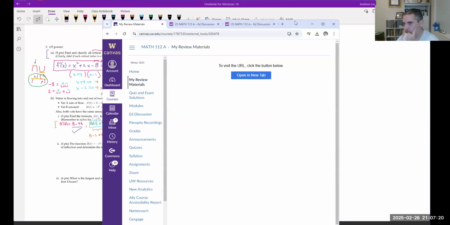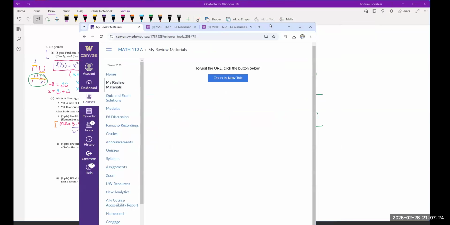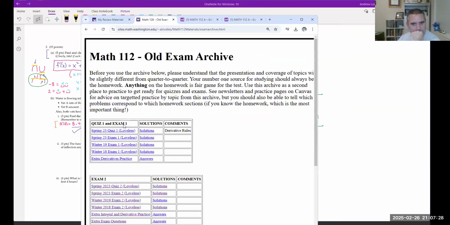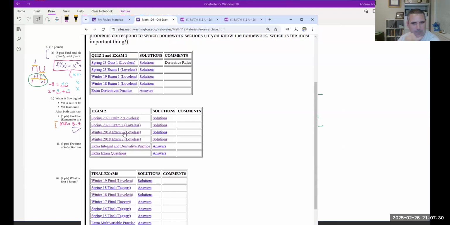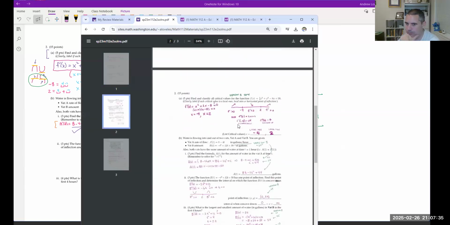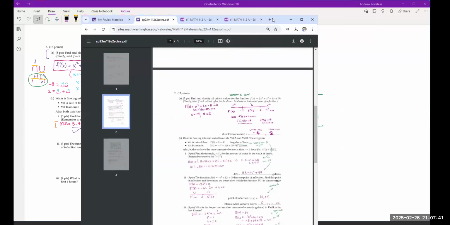Can you see the browser? Yeah. Okay, good. I have to select the windows that are visible. So old exam, this one. Is it this one? Yeah, like under the number line, see, the second. Yeah.